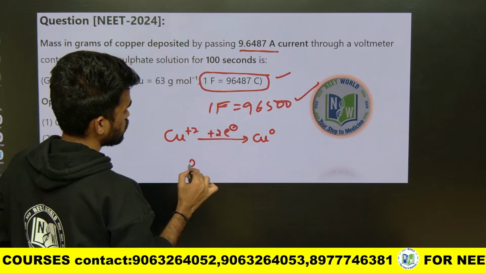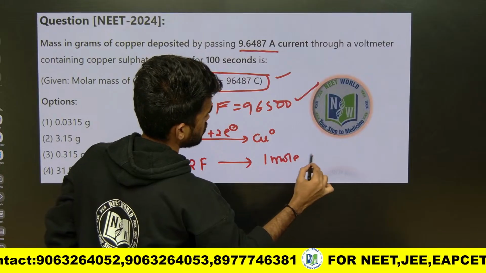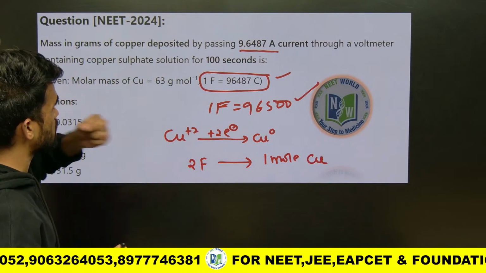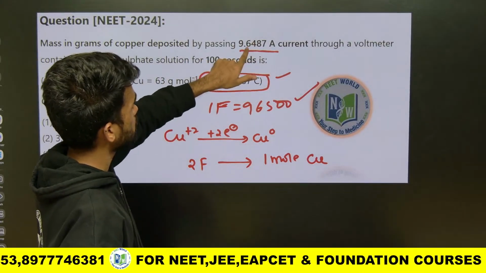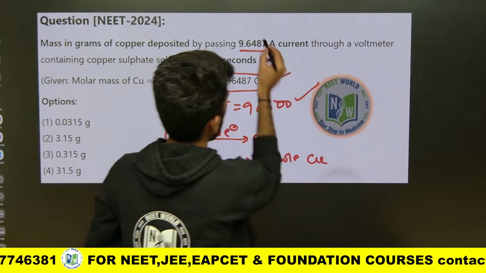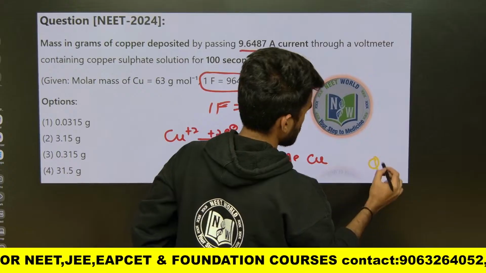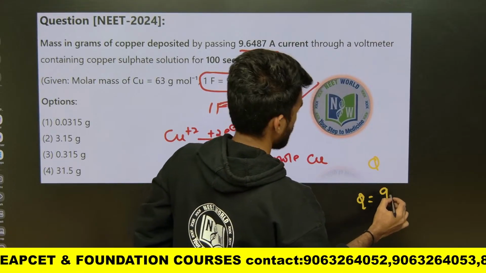So I can say 2 Faraday to deposit 1 mole of Cu. What they are asking is the mass in grams of copper deposited by passing this much of amperes. So just take how many Faradays it will become, what is the charge it will become. So Q, you just take 964.87.